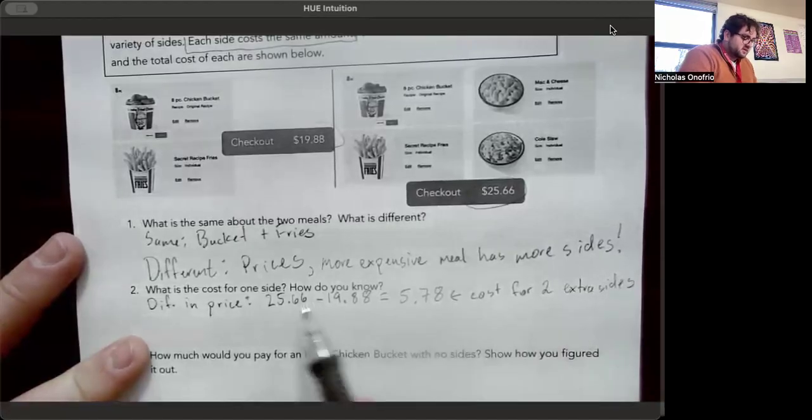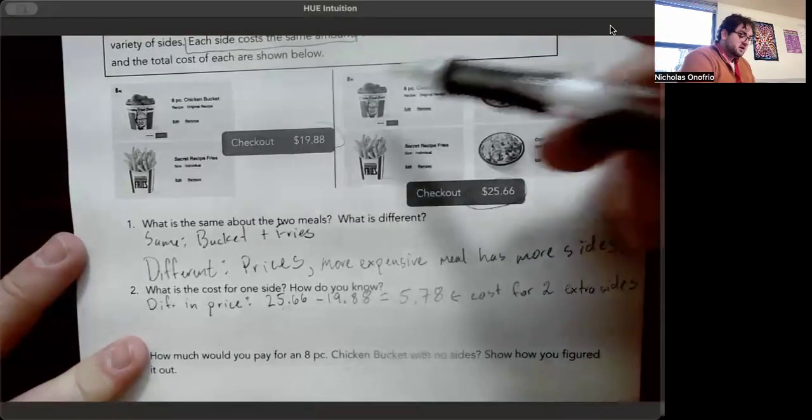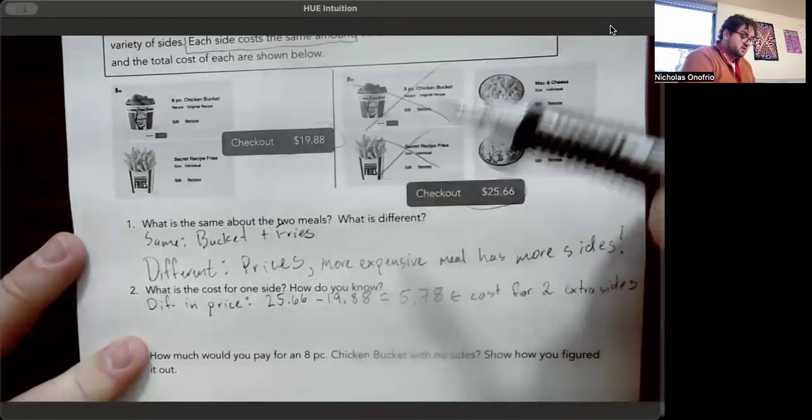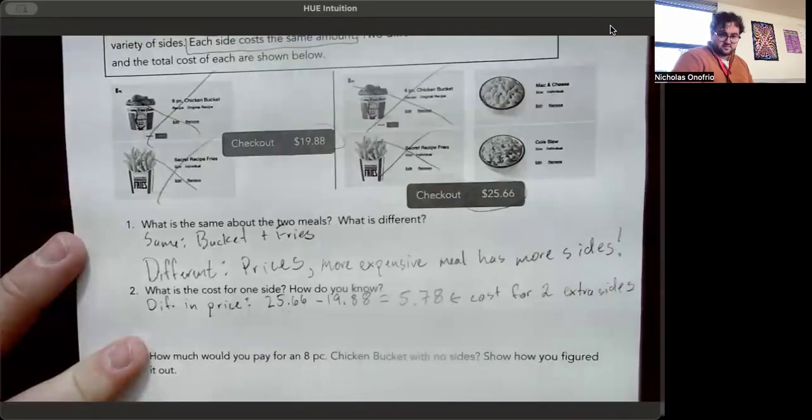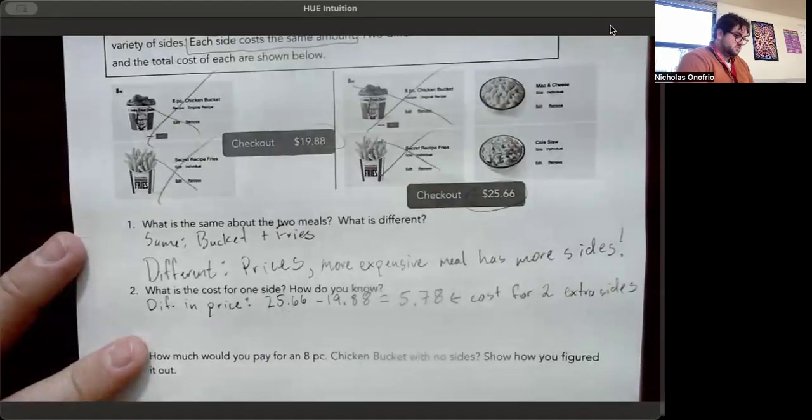Essentially, what we're doing here by subtracting is crossing off the chicken bucket and fries from each of our meals, leaving us only the mac and cheese and the coleslaw.